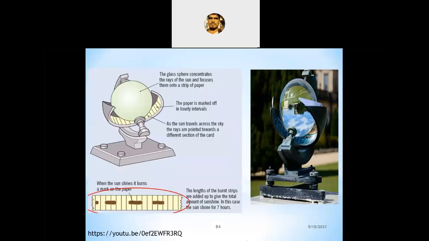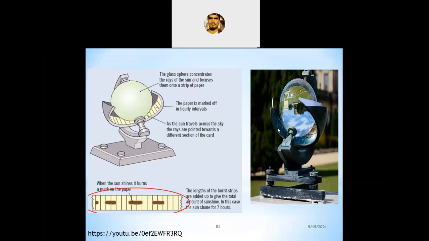This is the sphere, these are the grooves, and below that are the card strips. This is a typical sunshine recorder device.